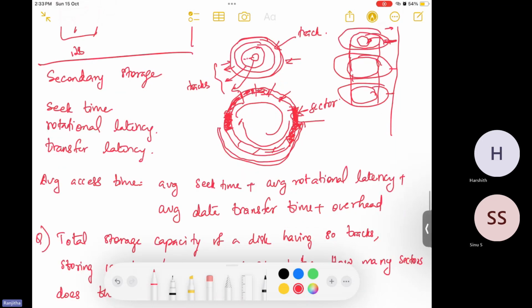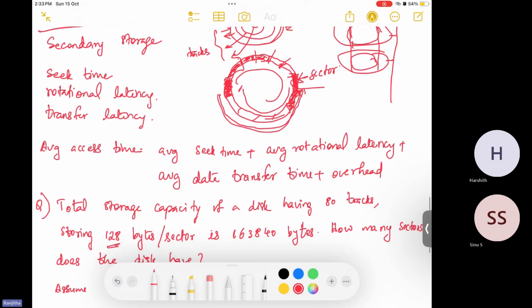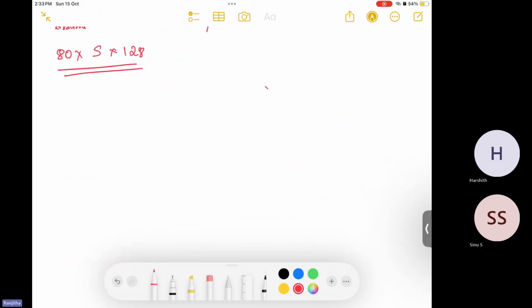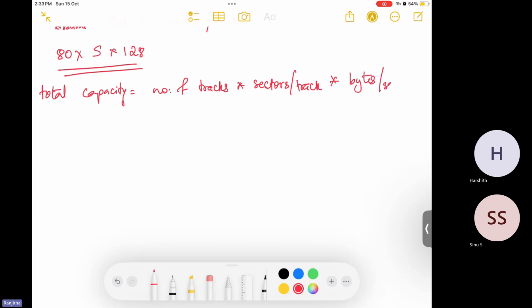On any disk, the total bytes stored will be the number of tracks into sectors per track into bytes per sector.